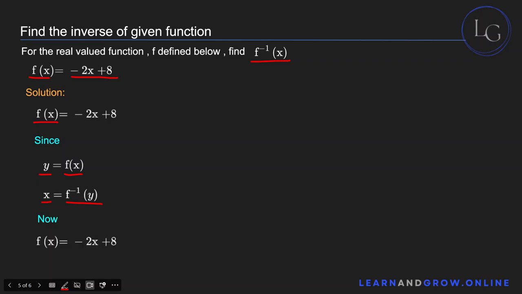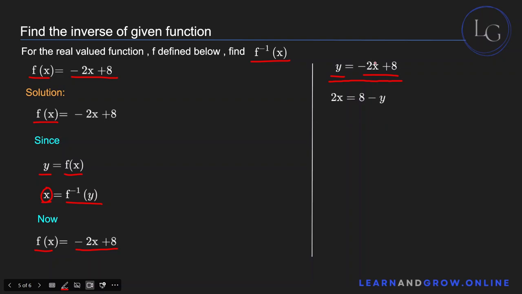Now, f of x is equal to minus 2x plus 8, which means that y is equal to minus 2x plus 8, right? But we need to find f inverse of y. So let's separate. F inverse of y is equal to x. So we need to separate the x in this equation to find f inverse of y.